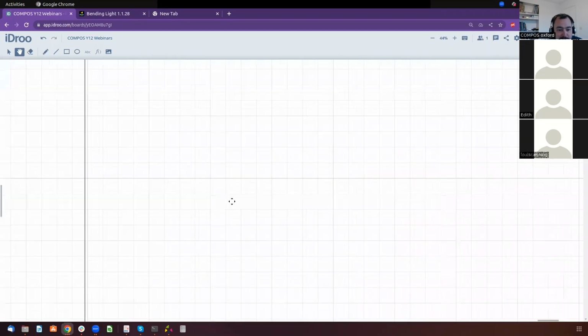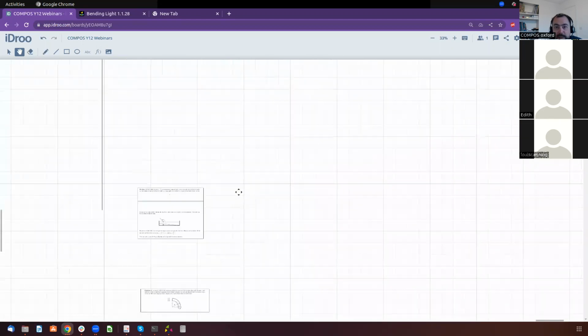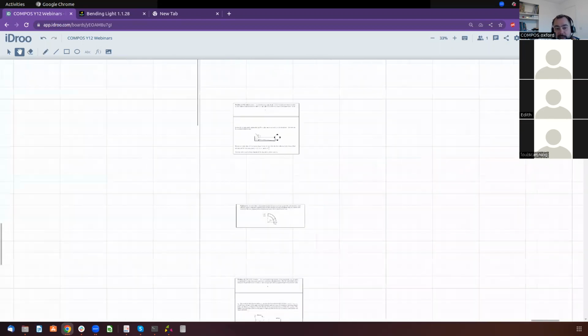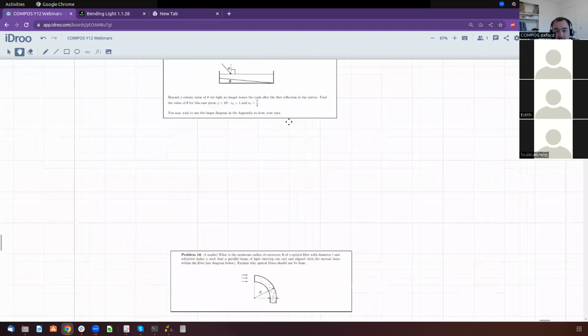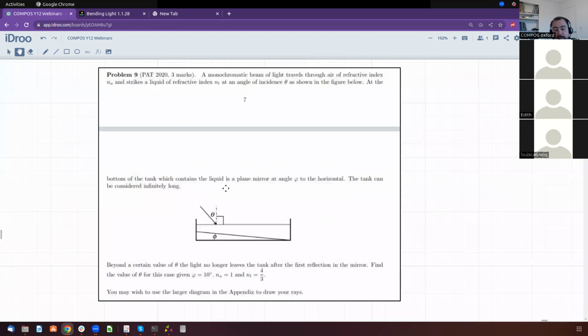That's problem 5. And then I wanted to talk you through a little bit about the questions from the assignment. I won't do them, but I will give you some hints. So problem 9, this is a PAT question. A monochromatic beam of light travels through air and strikes a liquid of refractive index n.